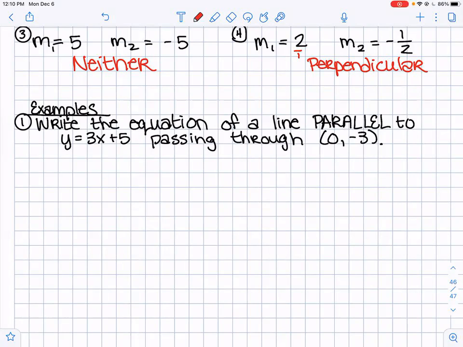Flip back in your notebook, find it for me. 5.6. y equals mx plus b is slope-intercept form. Okay. m is the what? Slope. And in a parallel line, what do we know about the slopes? They're the same. So what's the slope from the line we have?